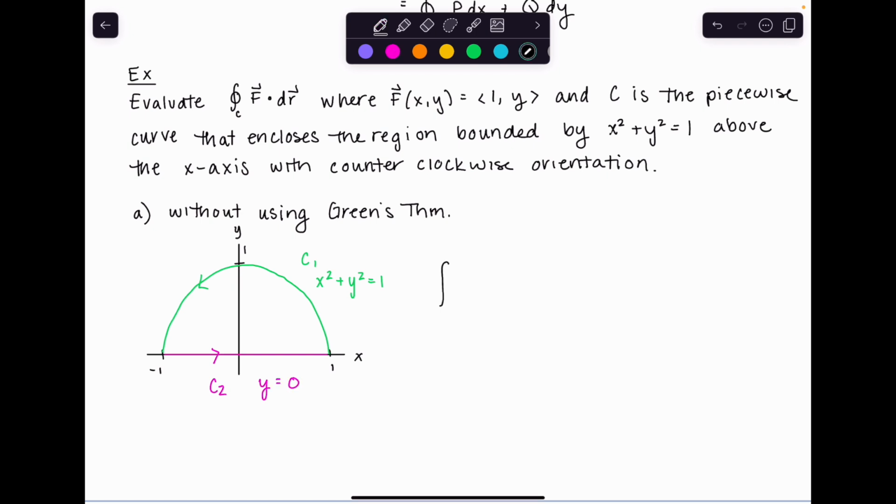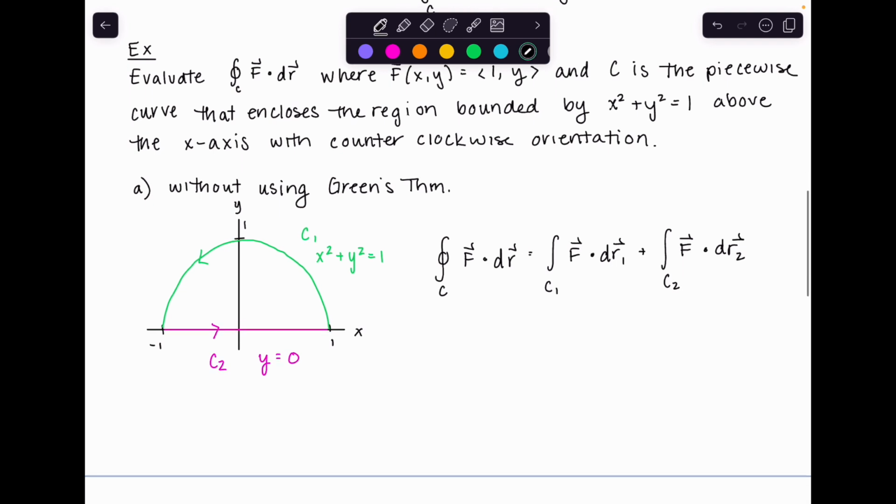So to evaluate the line integral over this closed curve, I need to first find the line integral over C1, which has its own vector function to parameterize it. Then I add the result from C2, which will have a different vector function parameterizing it. So I've got to calculate two separate line integrals and then add them together.